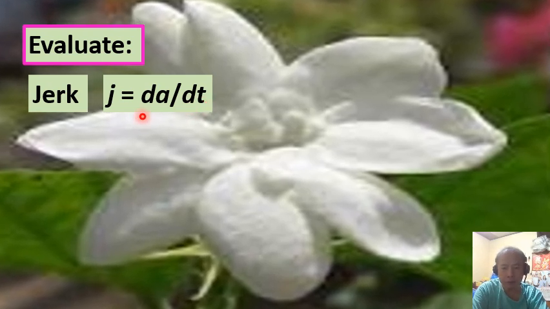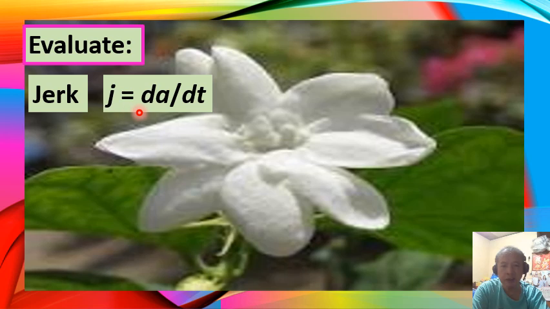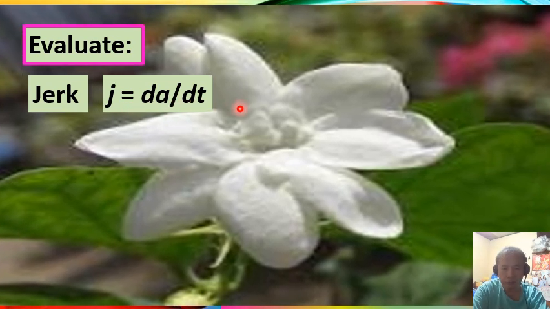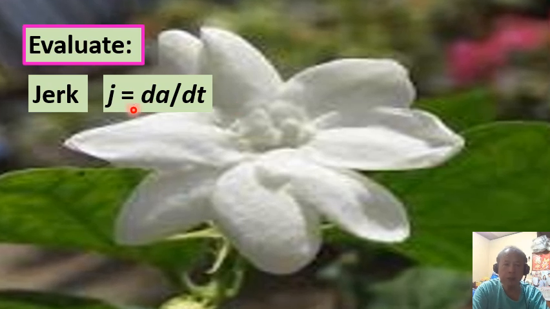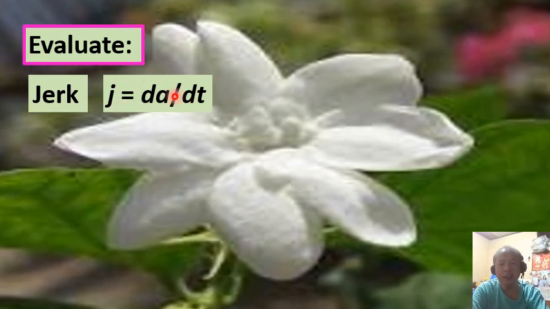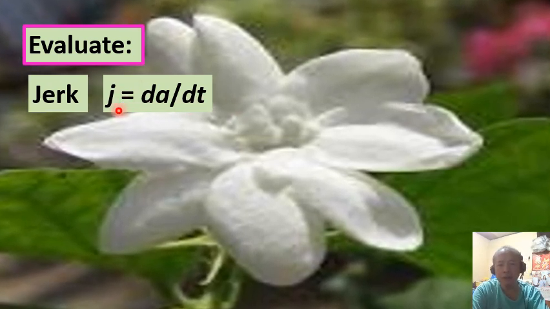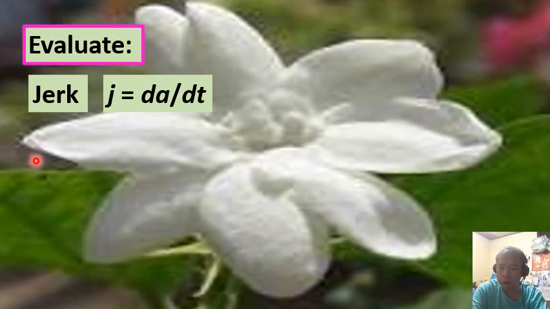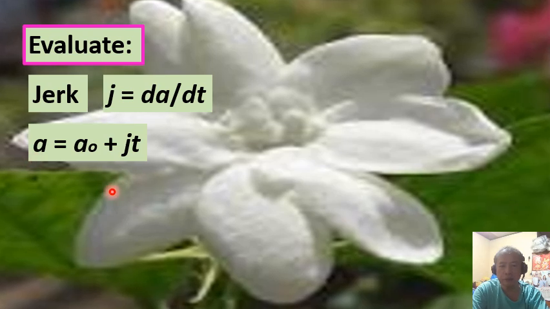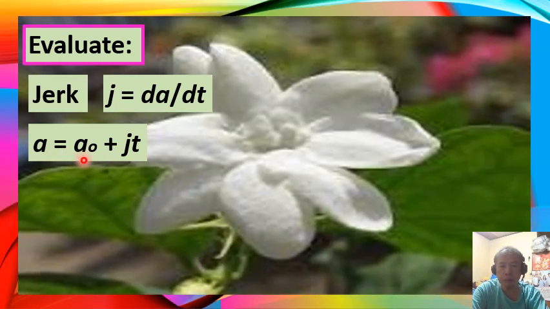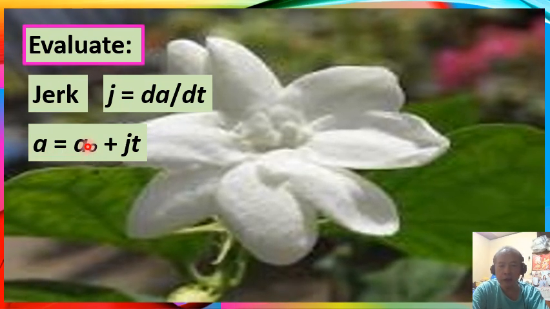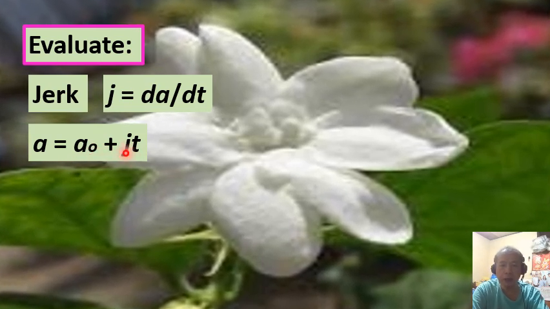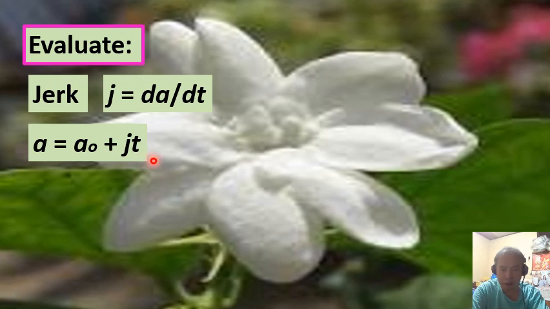In other words, jerk is the time rate of change in the acceleration. So if we integrate this expression for jerk, we will get the function of the acceleration, which will be equal to a naught, or the initial acceleration, plus the product of j times the time t.